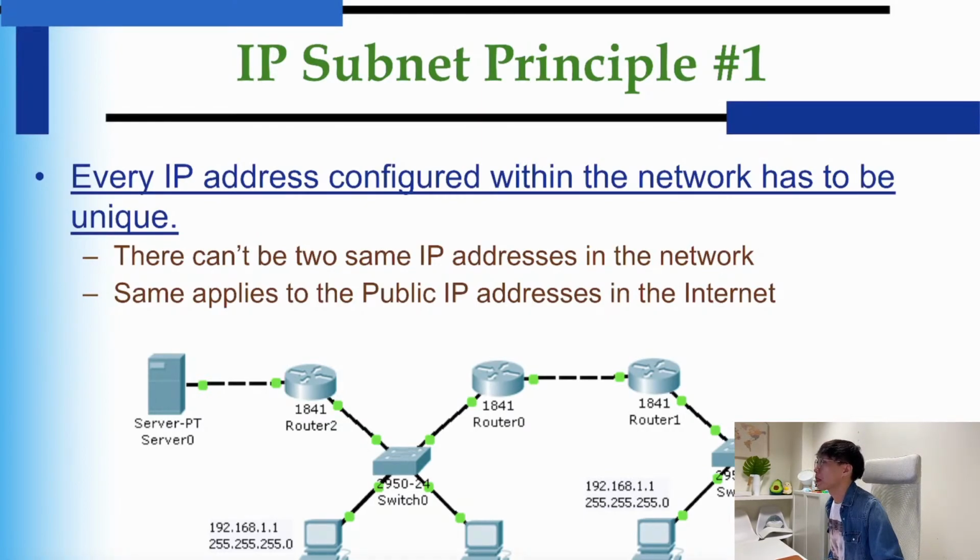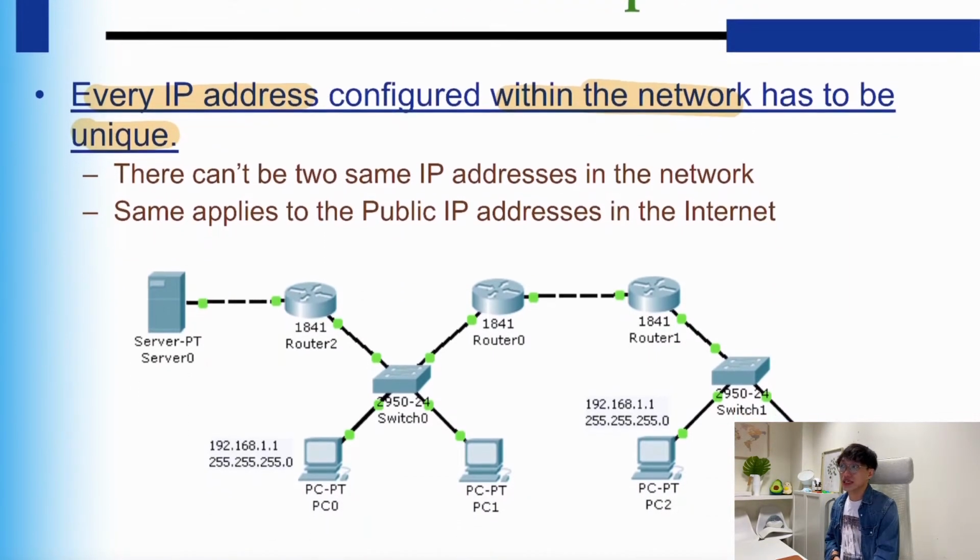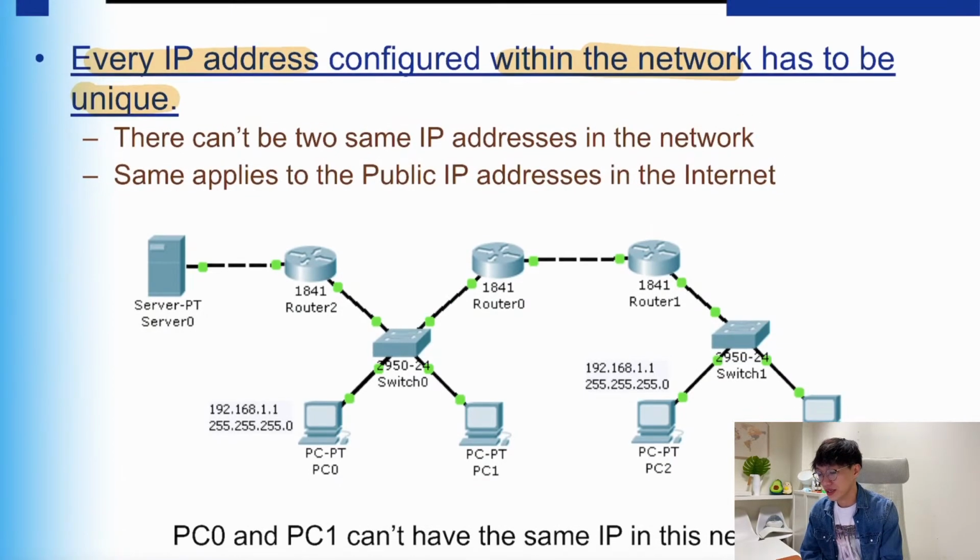Like I said, it will be a little bit boring because we are going through the slides, but we have to. So, first one: every IP address within the network has to be unique. The first rule is saying that in the same network or in the same LAN, these two words are the same thing, you cannot have two devices that use the same IP address.